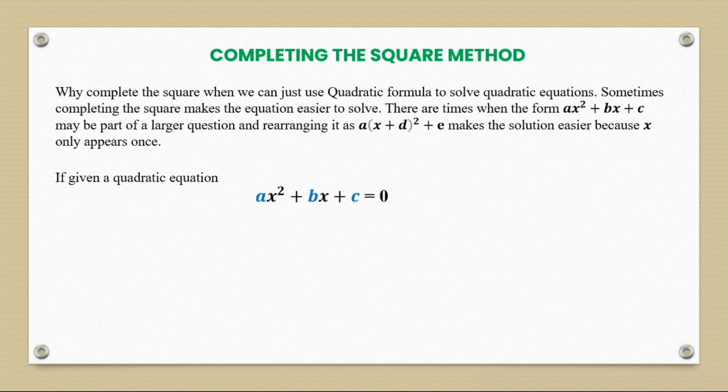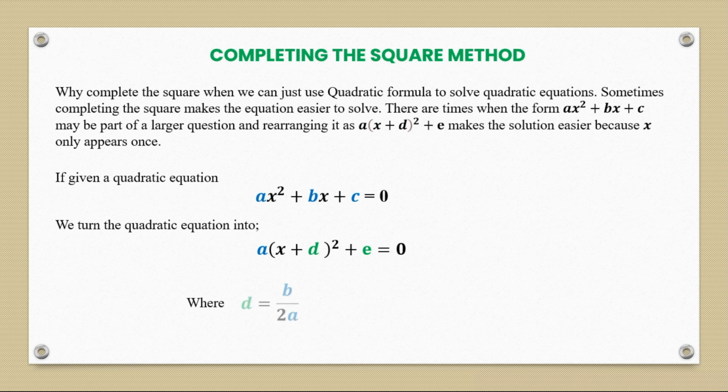So if you're given a quadratic equation, ax squared plus bx plus c being equal to 0, and we are told to turn the quadratic equation into this format, a into x plus d squared plus e equal to 0, it's actually possible. All you have to remember is that d shall be equal to b over 2a. So if this is your b, to get this d value, you get b over 2 times a right here.